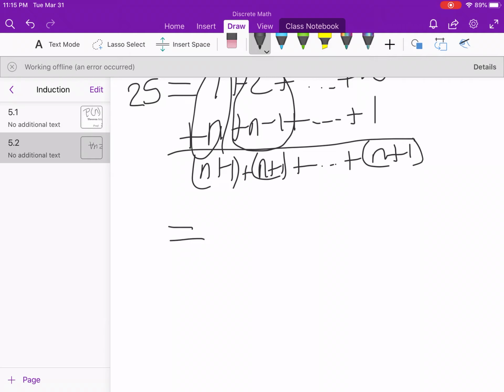So I know that 2S is equal to n plus 1 plus n plus 1 plus all the way up. How many n plus 1s are there? There are n of them.